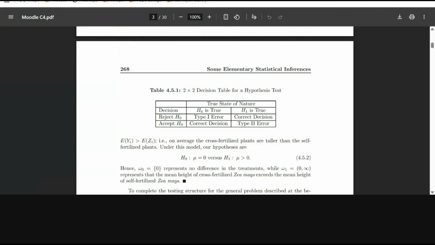If you don't want to make a wrong decision, what do you do? Make no decisions. Yes. So how do I never wrongly reject the null? Never reject the null. If I never reject the null, I will never wrongly reject the null.